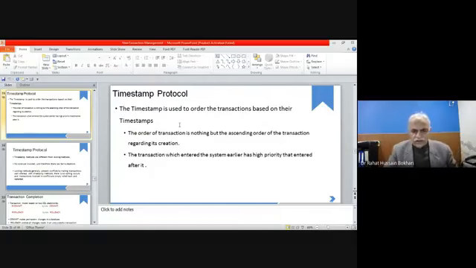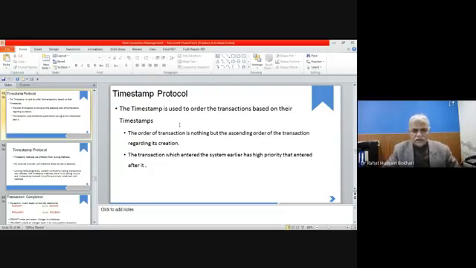The order is nothing but the ascending order of the transactions regarding their creation. Whenever a transaction is created and another transaction is created after that, this should be the order, and it also sets the priority. The transaction which entered the system earlier has high priority, and then the ones that entered after that.